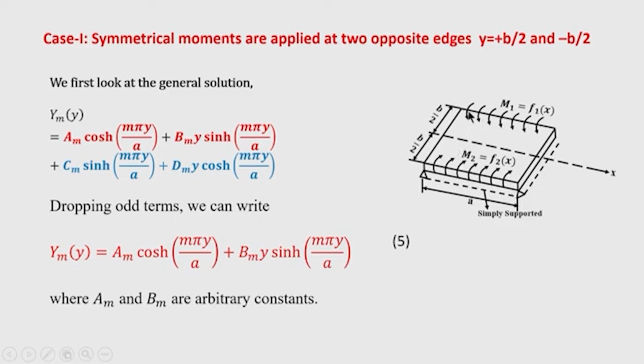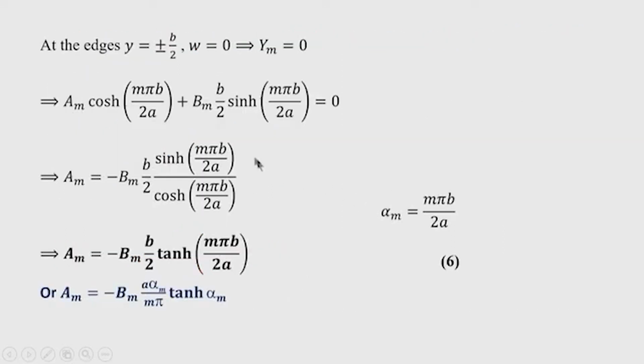So, at y equal to b by 2 or at y equal to minus b by 2, the same moment exists. We take here y equal to plus b by 2, w is 0 because this is simply supported. Now, since w is 0, the Y m function will be 0. Y m is composed of the symmetrical terms of the solution.